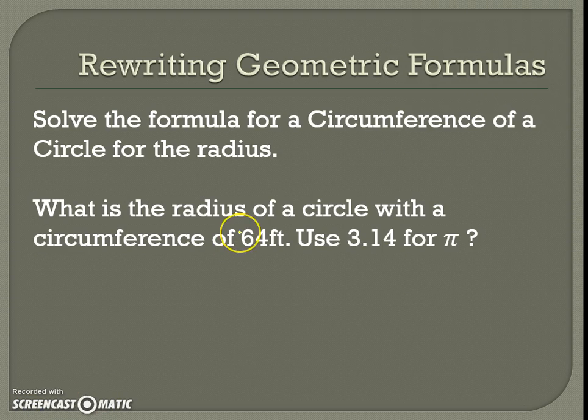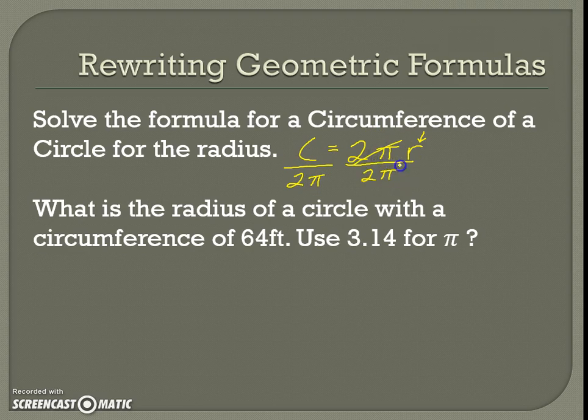So here, rewriting a geometric formula. It says solve the formula for the circumference of a circle for the radius. The circumference of a circle formula on that other sheet was c equals 2 pi r. And on this one, I'm wanting to solve for the radius. So this is a pretty simple one. The way I get that radius by itself is I divide both sides by 2 pi.